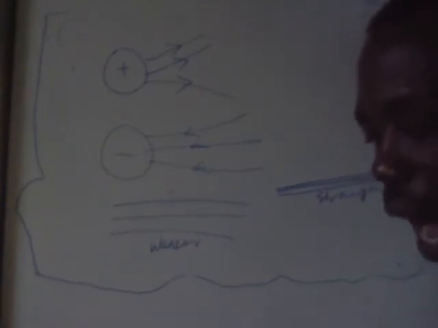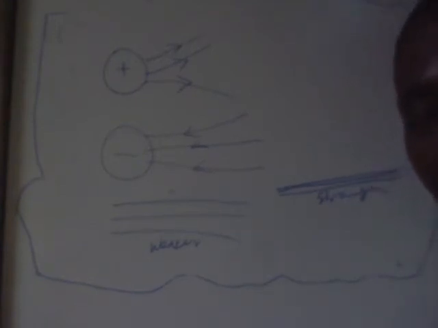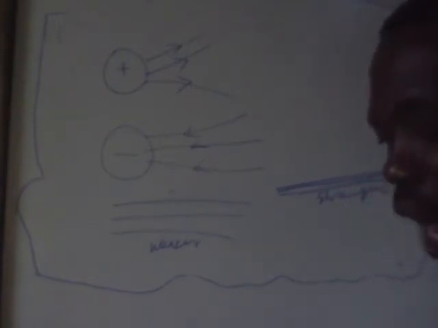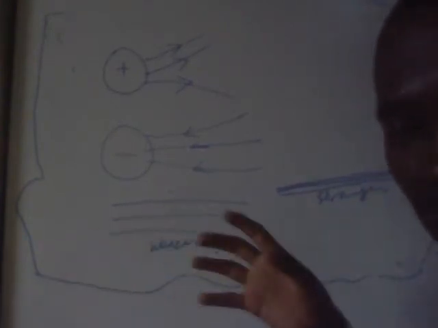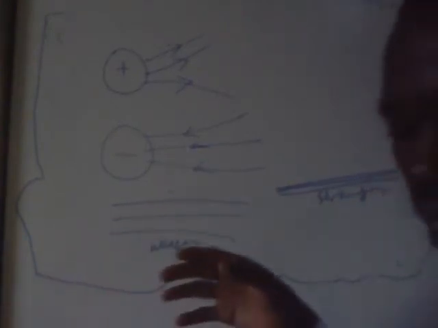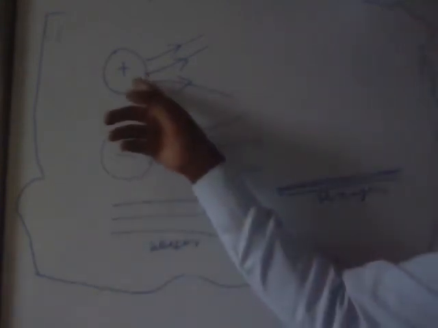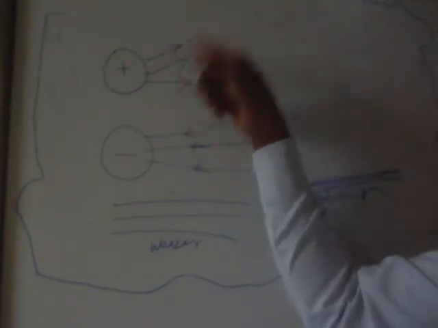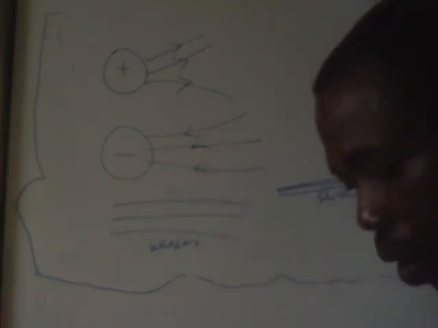Option B, arrows on the lines indicate the strength of the field. No, arrows on the lines indicate the direction of the field. For a positively charged body, the arrows point outward. For a negatively charged body, the arrows enter. So that one is wrong.